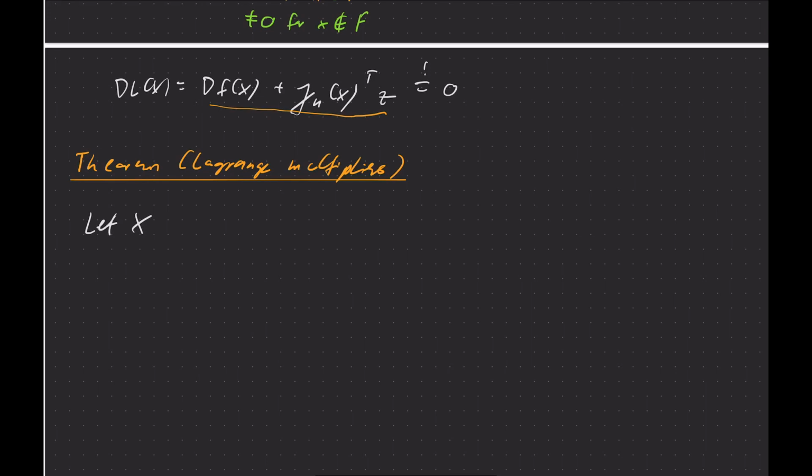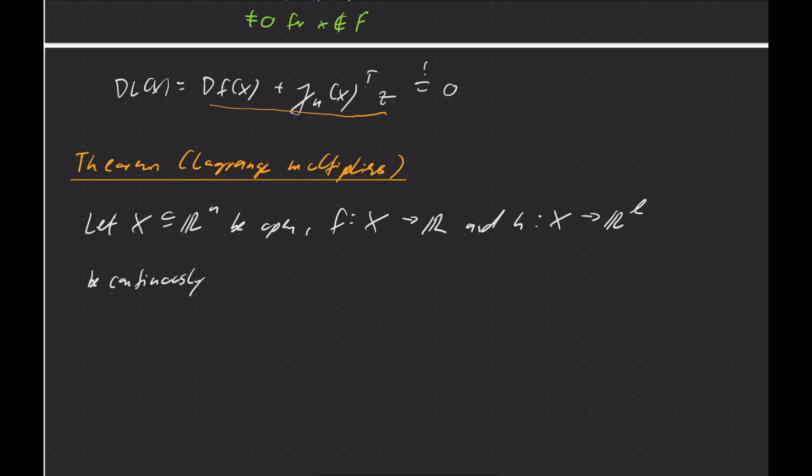So we just say that X be a subset of R to the n, be open, f defined on X mapping to R, and h defined on X mapping to R to the l, be continuously differentiable on X. So you want those to be continuously differentiable to be able to compute the gradient and the Jacobi matrix.